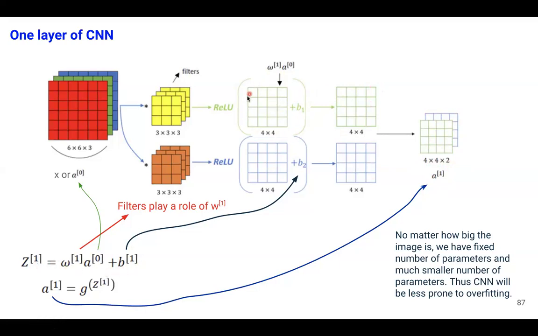And here this is also W1 A0 plus B1. So this is what is drawn inside this bracket, as if it is your Z1, and the activation function applied on that is as if that is your A1 in our DNN terminology.